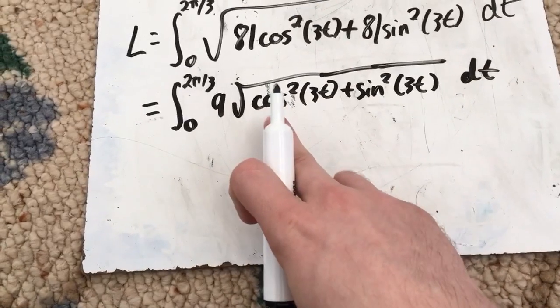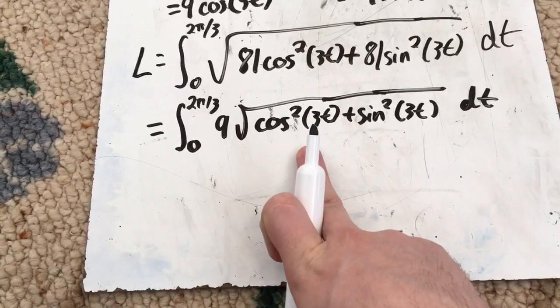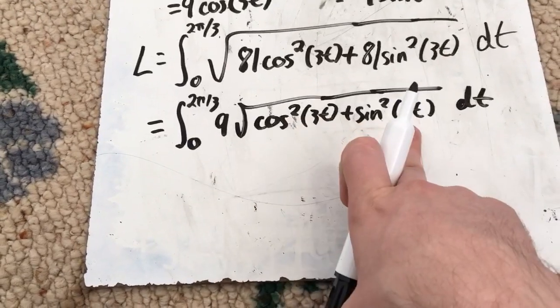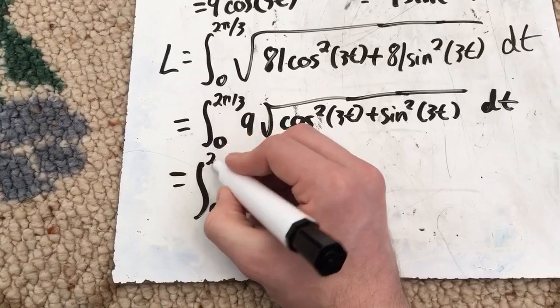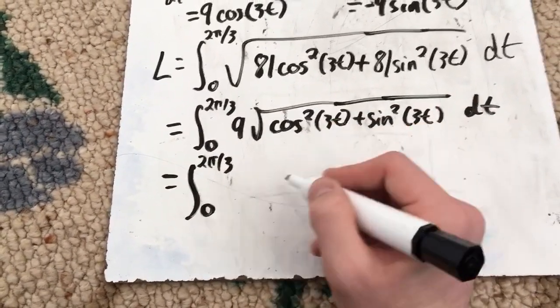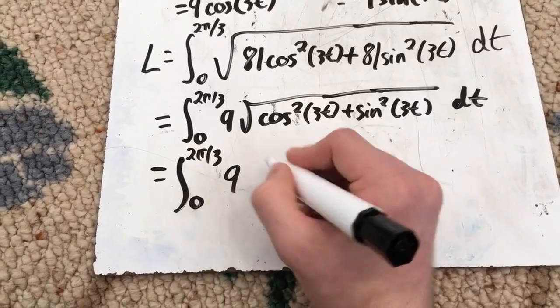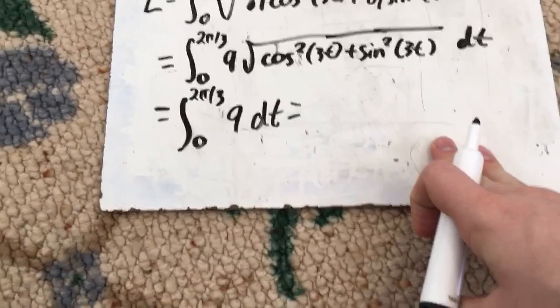dt. Well, wait a minute, we have a sine squared plus a cosine squared of some angle. We know that identity is our Pythagorean identity, so that's really just 1. This gives us then the integral from 0 to 2 pi over 3, square root of 1, which gives us 9 dt. All of a sudden, our integral actually becomes very quick to do.